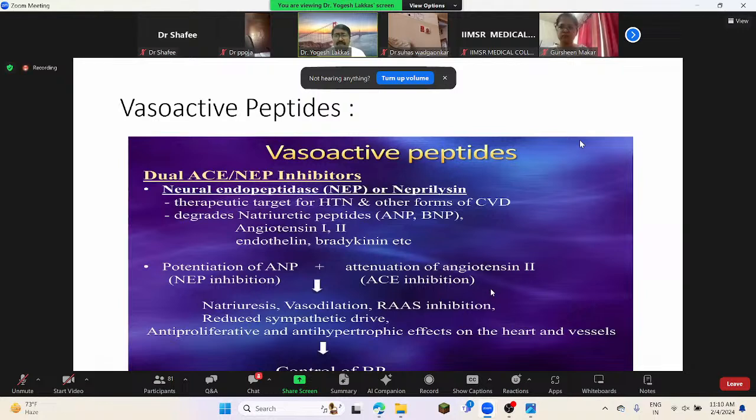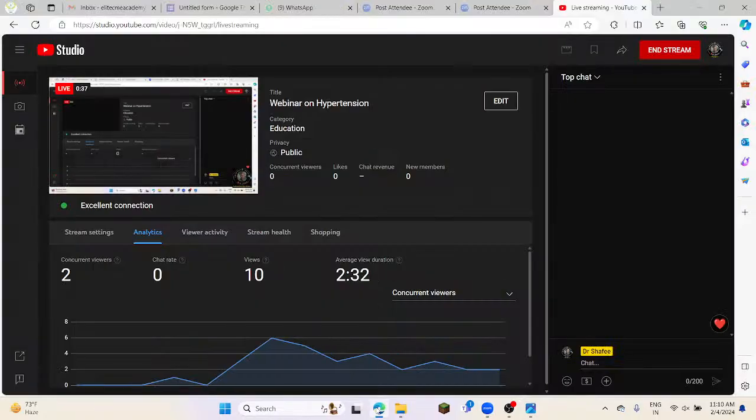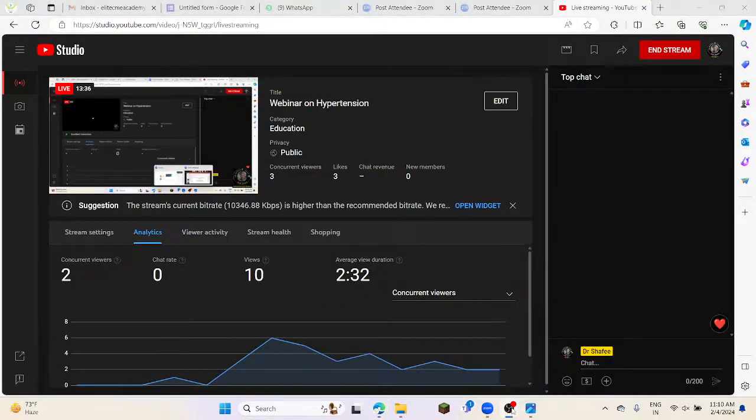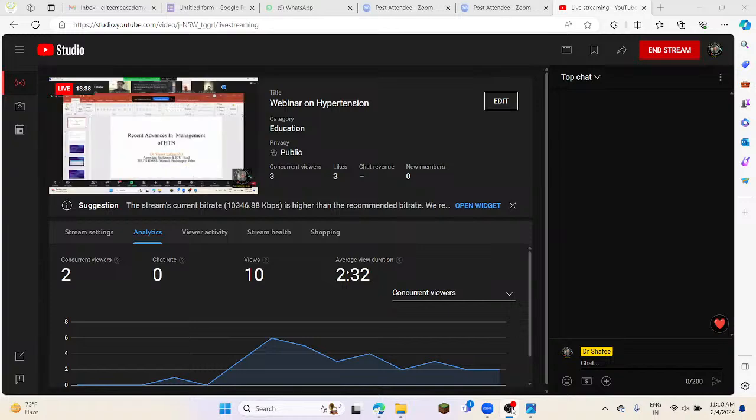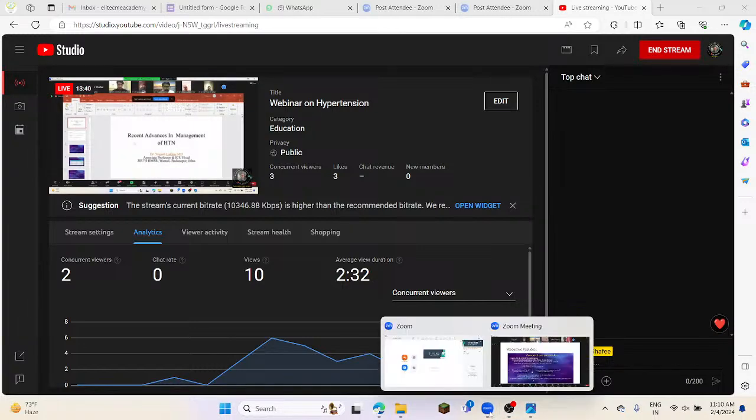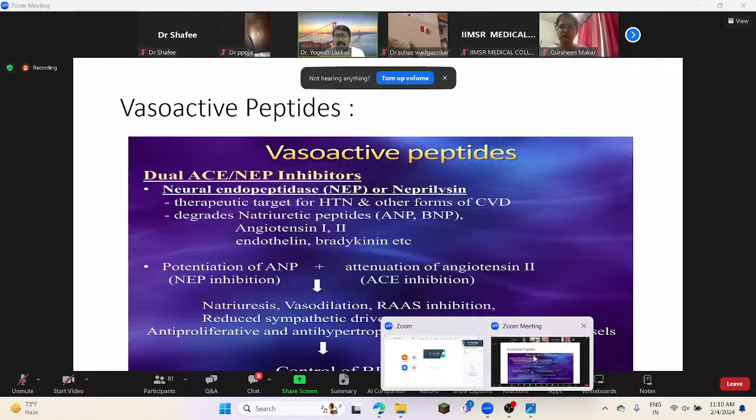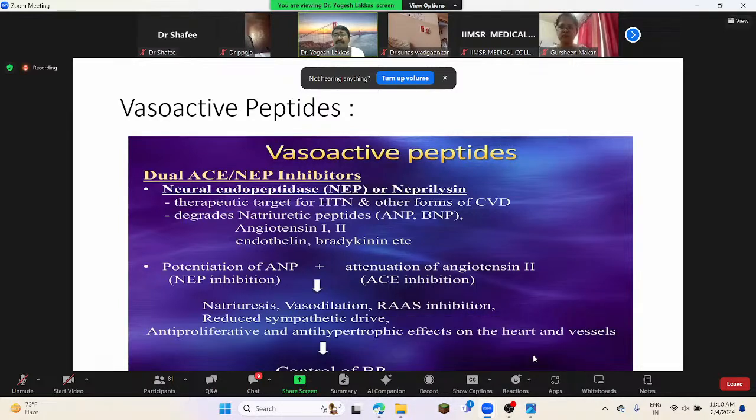This is one of the important aspects. Vasoactive peptides, like many molecules are there. One more figure is there later on in this presentation, where I'll be discussing mainly atrial natriuretic peptide and BNP. These play a very important role in the hypertension mechanism, and also in the heart failure mechanism, and they are degraded by neprilysin.